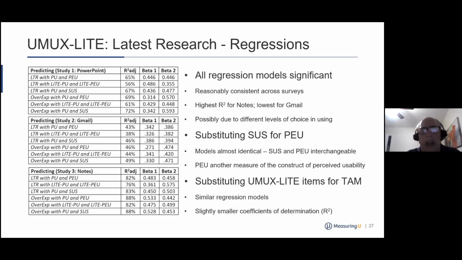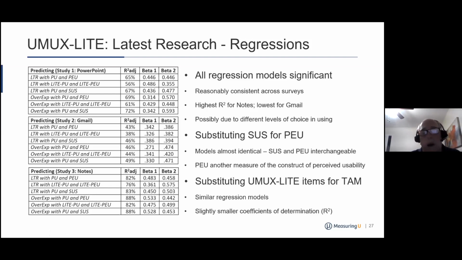When you have more choices, that means there are other elements that may be able to creep in and account for some of the variation. Now, the other thing I was interested in from the theoretical perspective is, what if I did the predictions with the modified TAM, but then I just substituted the SUS scores for the perceived ease of use scores?